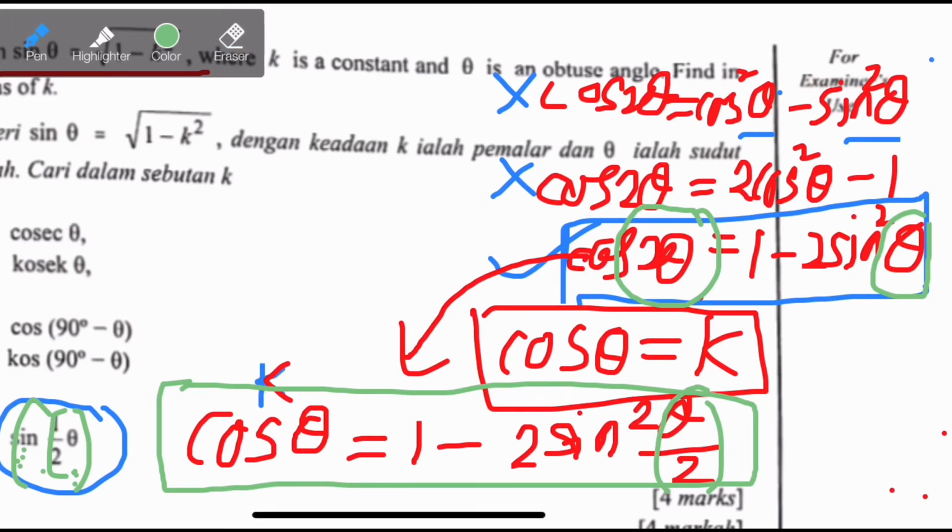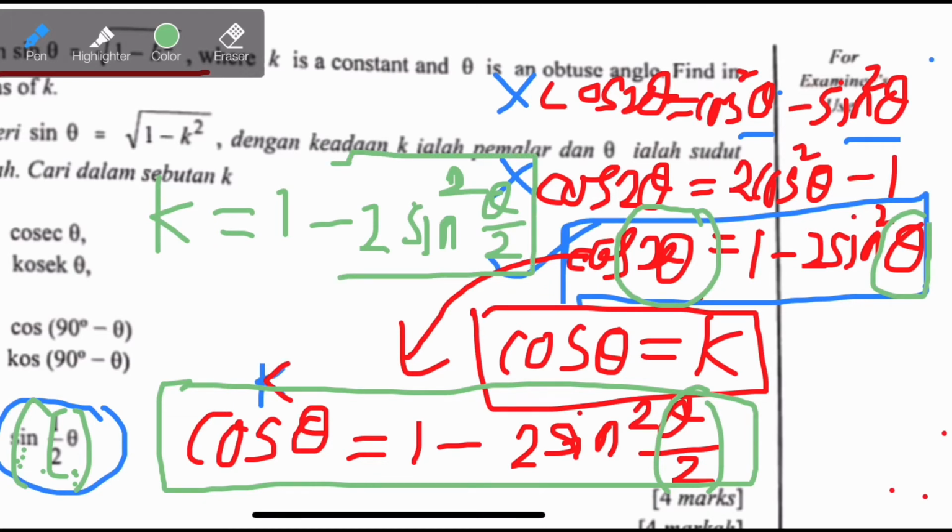So when you modify the trigo formula, you just modify the angle. The rest, the constants or numbers, remain unchanged. After you rearrange, you substitute cos theta as k, and 1 minus 2 sine square half theta.